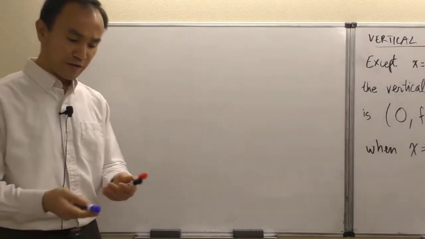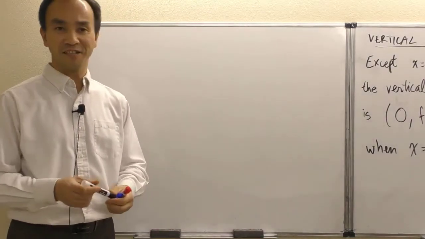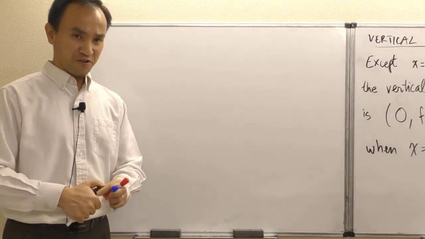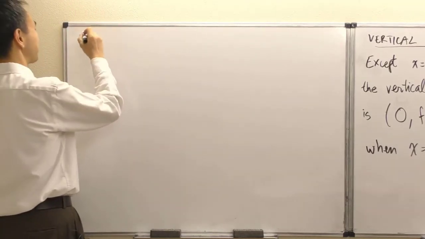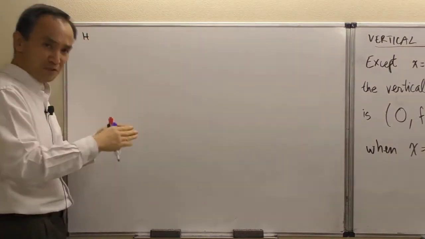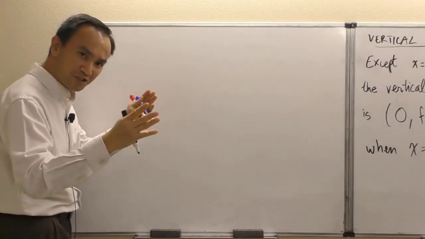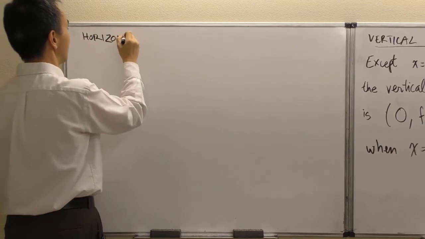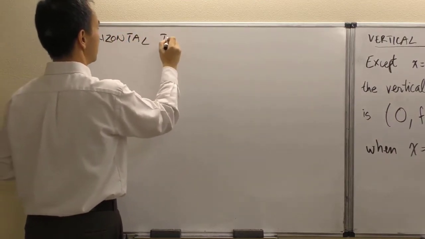Now we are going to explore the horizontal intercepts of a rational function. This is a subtopic of a slightly larger subtopic.